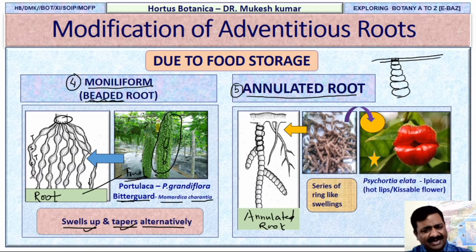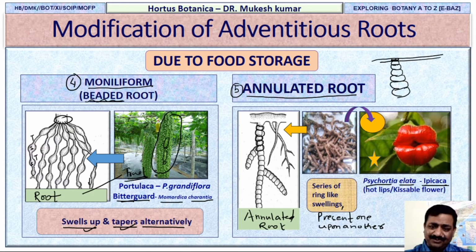So we can characterize them as a series of ring-like swellings present one upon another. I want to show you that this root is of Psychotria elata.